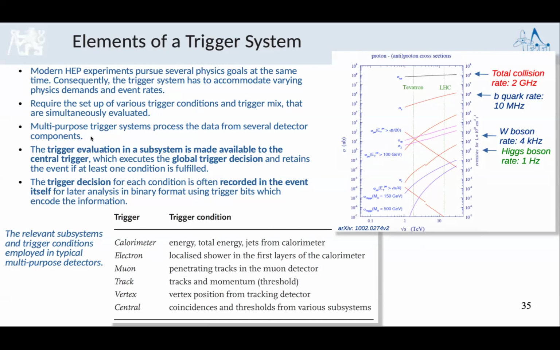Well, big experiments such as ATLAS, ALICE, and so on, are multi-purpose detectors, which get information from several detectors.